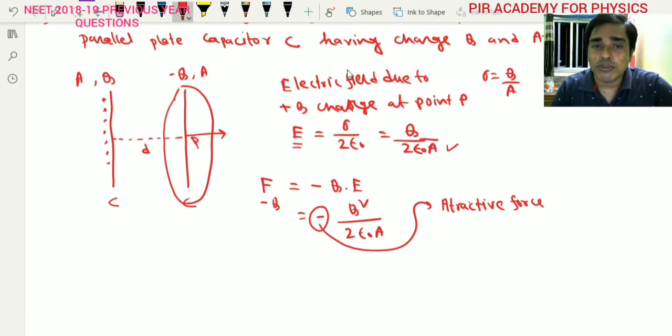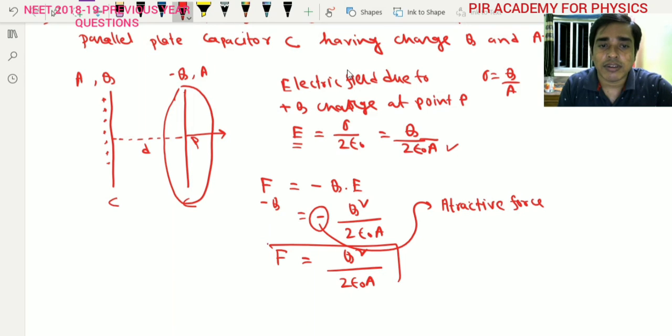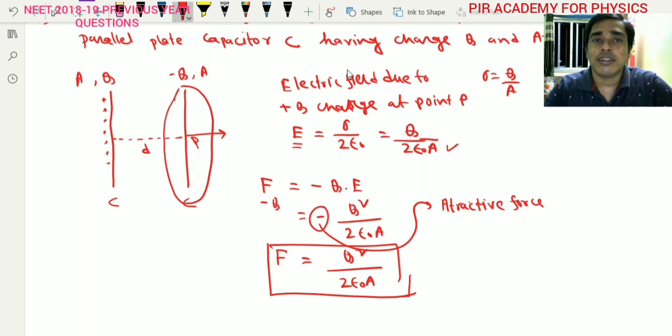So the force on the isolated plate will be q squared by 2 epsilon naught A. This is the answer. Okay, this is the question.